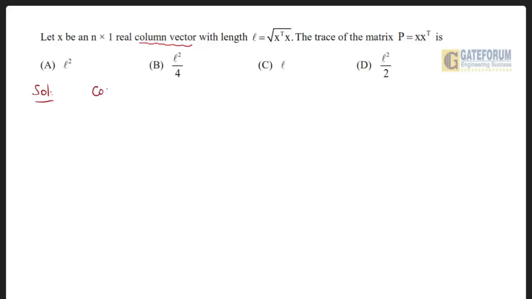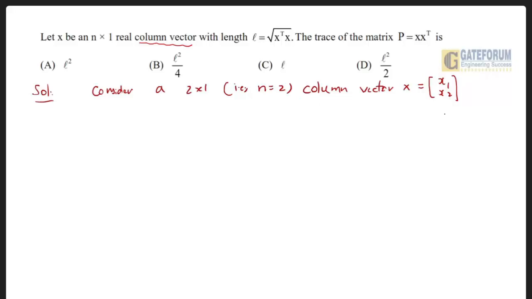Consider a 2 cross 1, that is n is equal to 2, column vector x is equal to x1, x2, 2 elements. 2 into 1 means 2 elements: first row, second row, only 1 column.